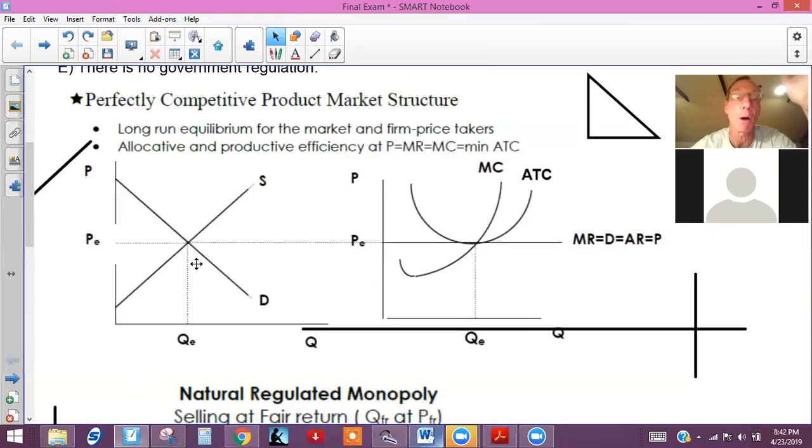Say this is a market for coffee, and all over the city the price of a cup of coffee was $2 everywhere you went. Well, if one coffee shop tried to raise their coffee to $2.50, nobody would go there. They'd just go to the ones where it's still $2. So they would lose all their revenue. That's why they can't change.